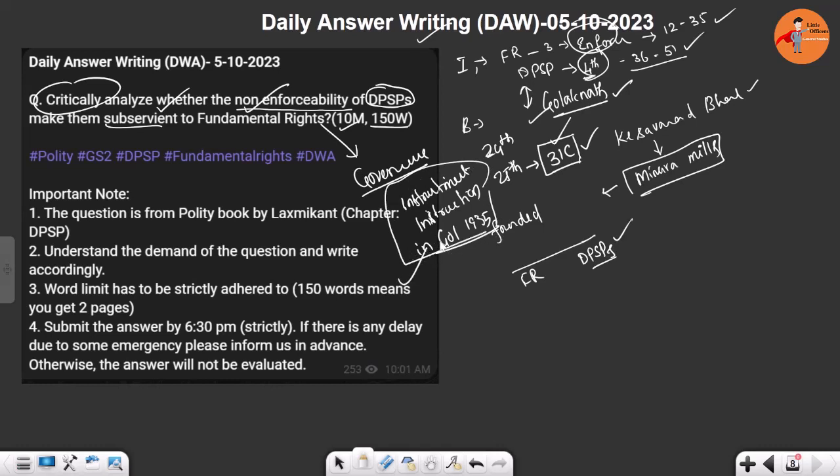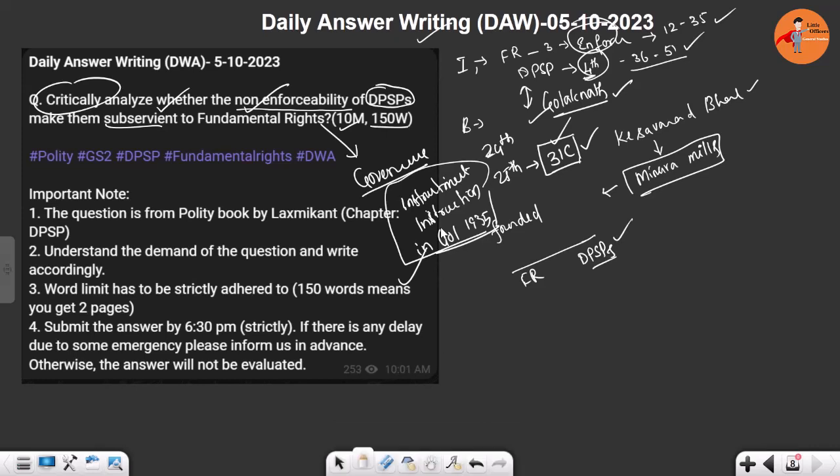Though the fundamental rights are very essential for the individual to ensure equality, and political equality particularly, along with that the state should also keep these directive principles in mind, and they provide social justice, social and economic equality to the citizens of India. That's why they are also equally important.